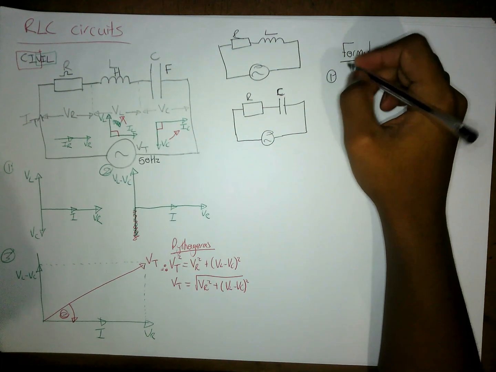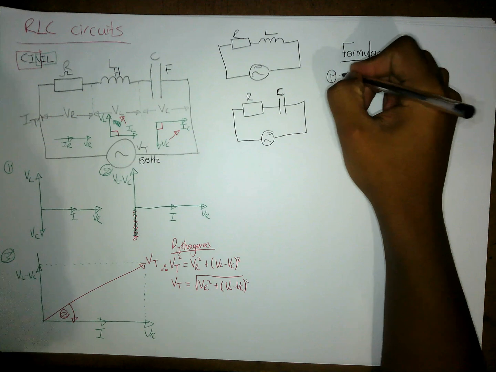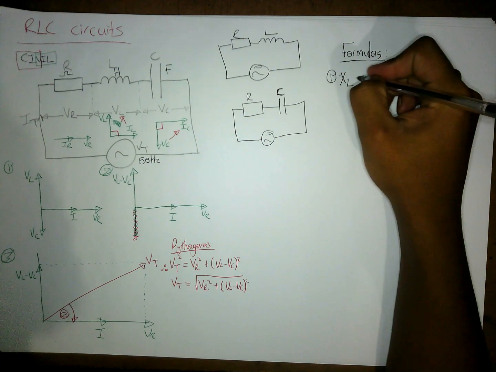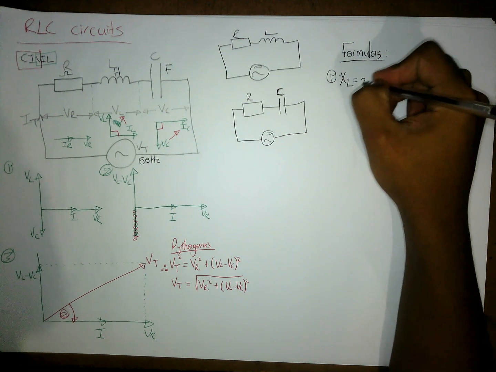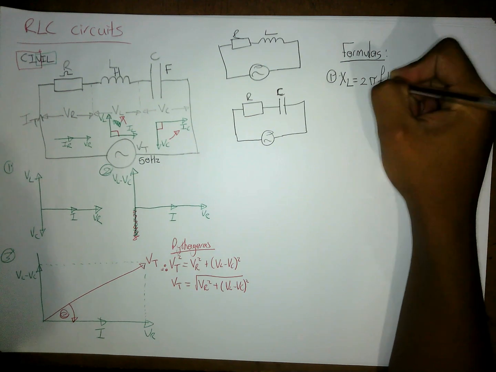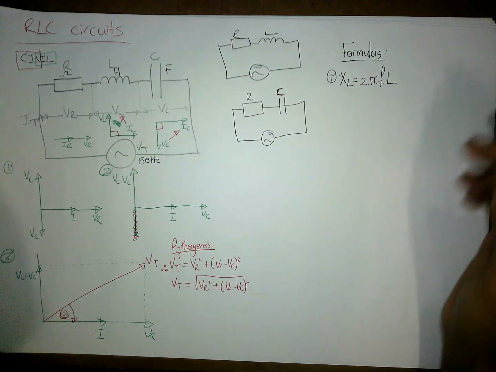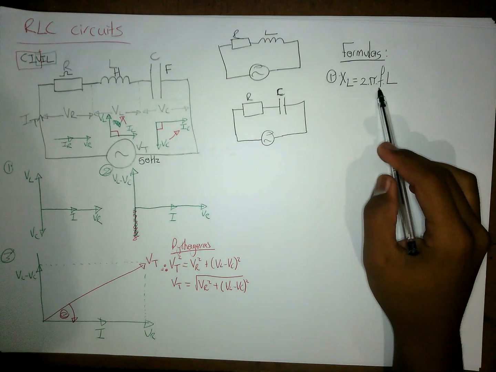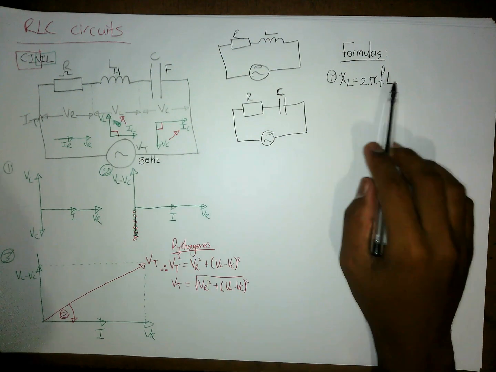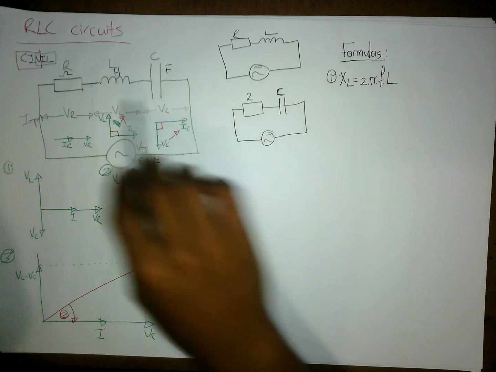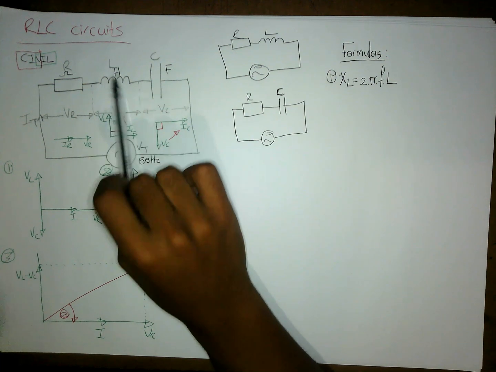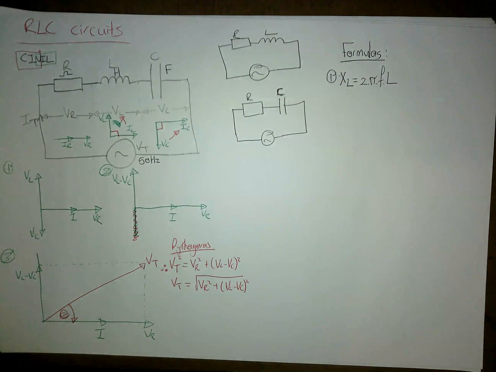For inductance, our inductive reactance, named XL, equals 2 pi FL. So 2 times pi times the frequency of 50 hertz or whatever they give us, multiplied with the number they give us for Henry, the amount.